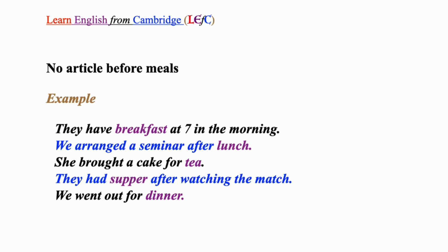They had supper after watching the match. We went out for dinner. So the nouns used for meals here: breakfast, lunch, tea, supper, dinner, have no article before them.